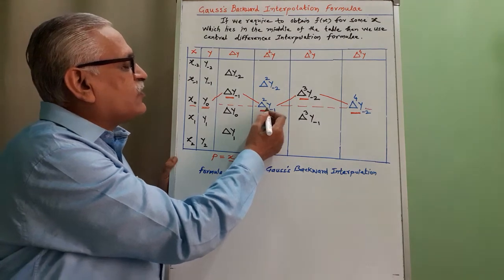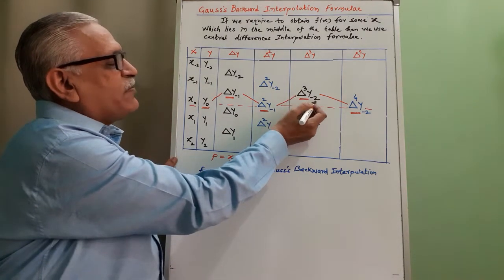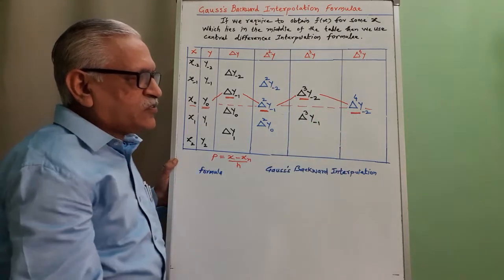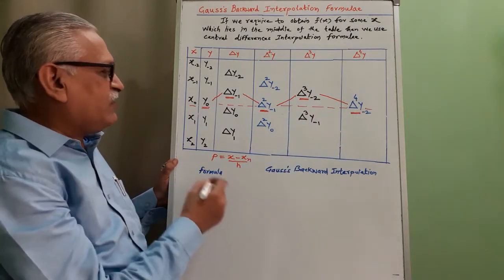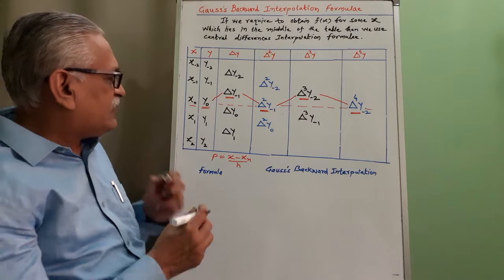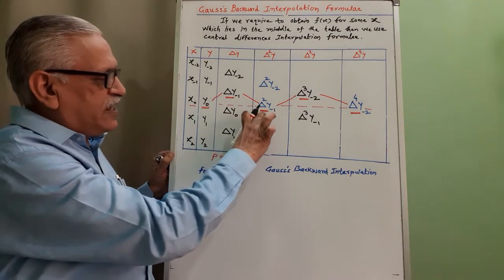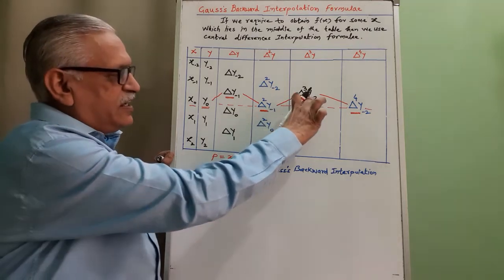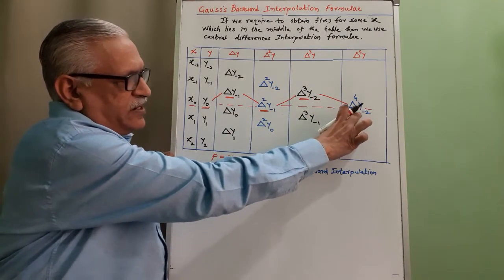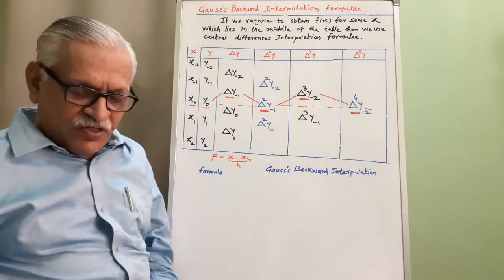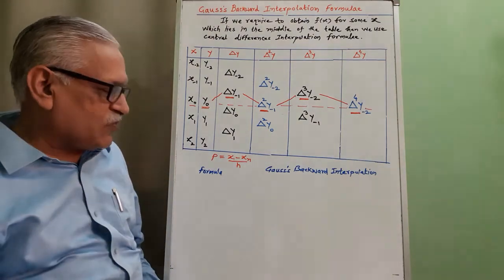Then from del square y minus 1 to del cube y minus 2, and from del cube y minus 2 to del raised to 4 y minus 2. And we underline these values: y0, del y minus 1, del square y minus 1, del cube y minus 2, and del raised to 4 y minus 2. We consider all these values to write down that formula.